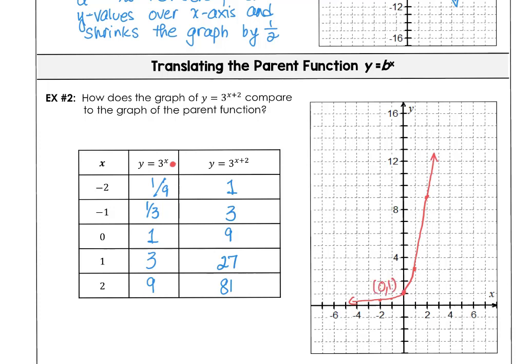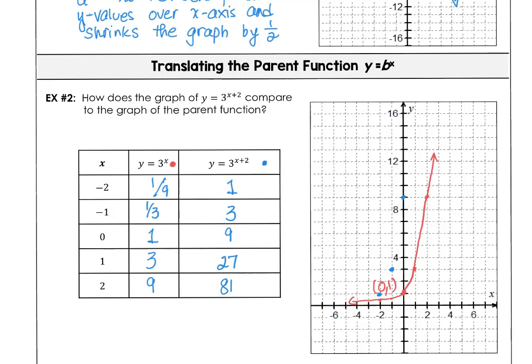And then in blue, we'll graph our translated graph. So what's going to happen? We have -2, 1, -1, 3, 2, 0, 9, and 1, 27.